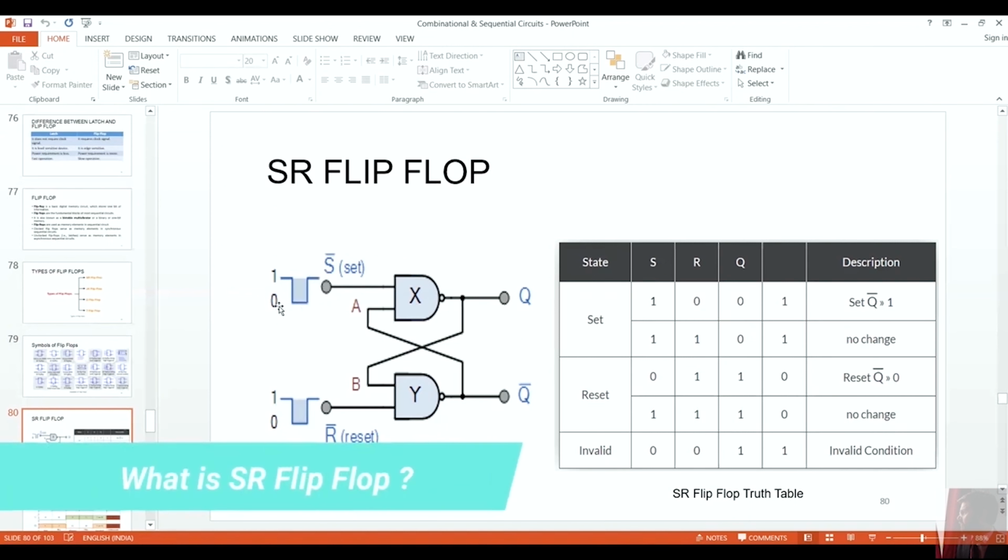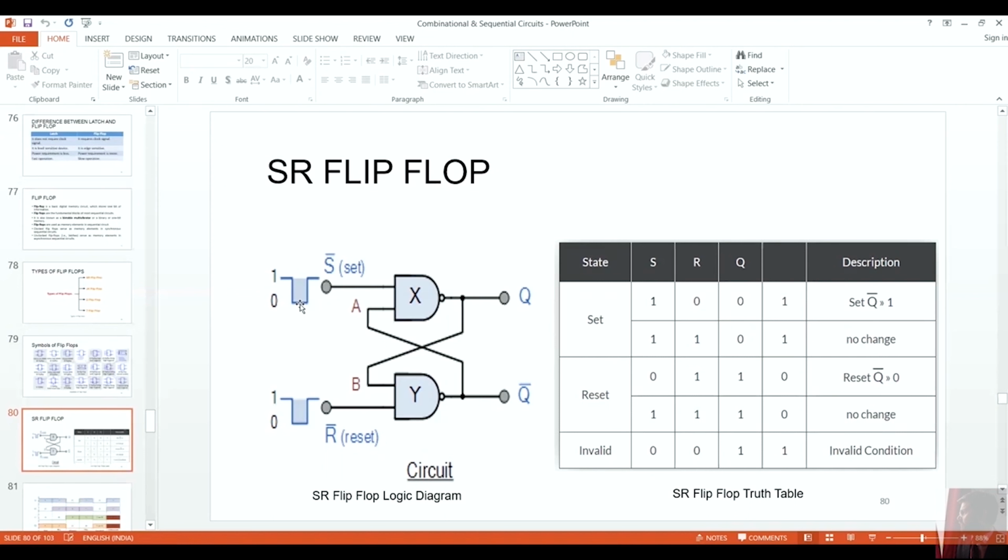Now you can see the simple working of the SR flip flop. The lowest level is kept at 0 and the highest level is kept as 1. It is totally up to me whether I use positive logic or negative logic. If I use negative logic, then 0 would be high and 1 would be low, and vice versa.